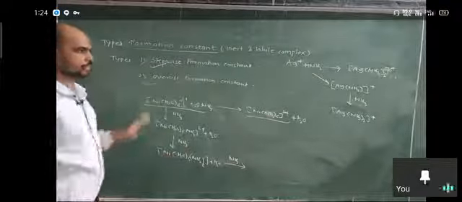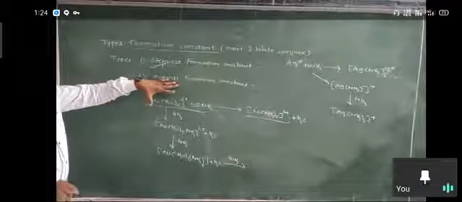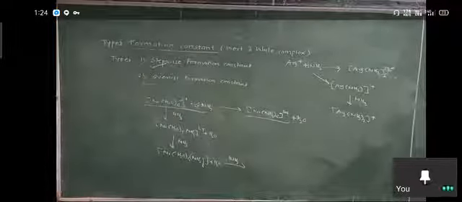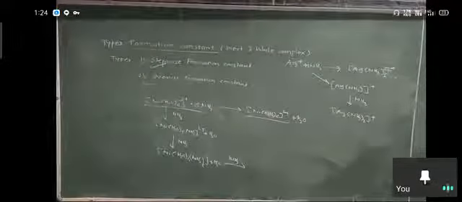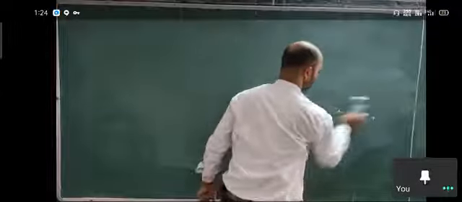What happened in between is not expressed in the overall formation constant, but in the stepwise formation constant we think about each and every step, and this way we can easily calculate the rate of reaction, formation constant. It is a part of the kinetics.